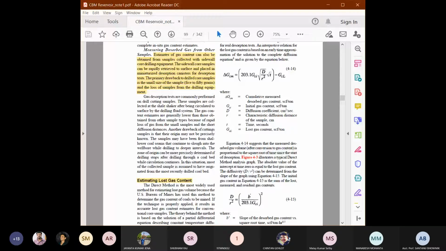Why? Because the pressure is going to reduce. The point is that if it is within the core barrel, the gases will also remain intact in the core barrel. It will not escape.